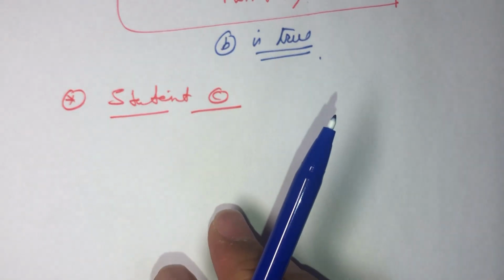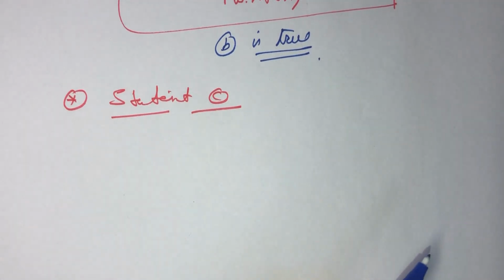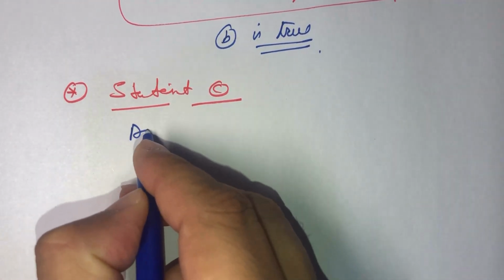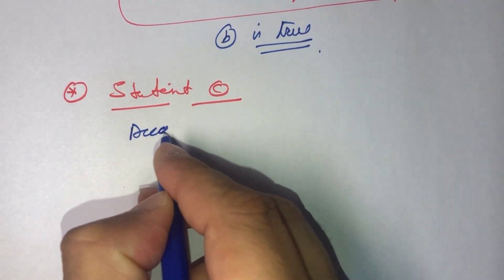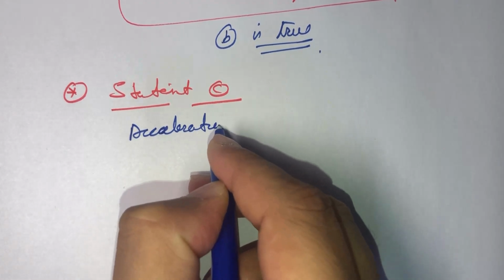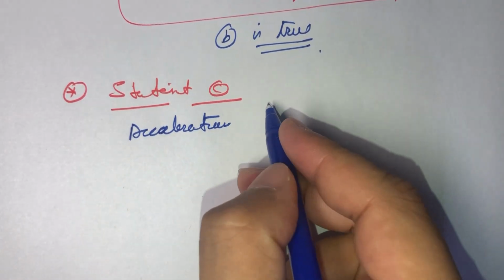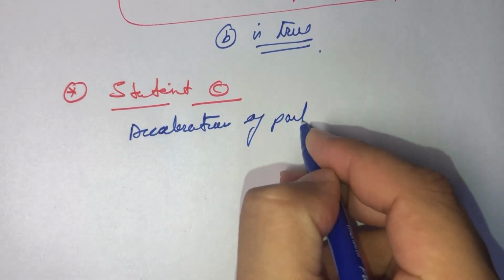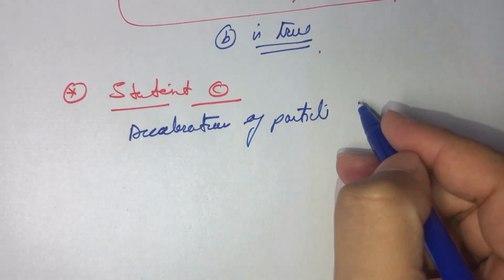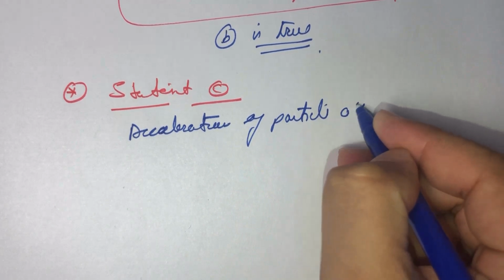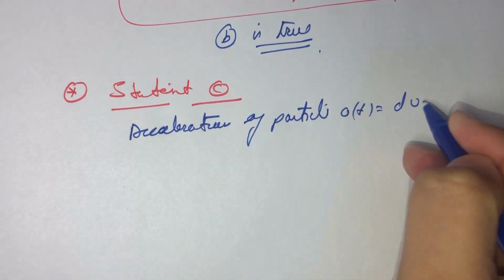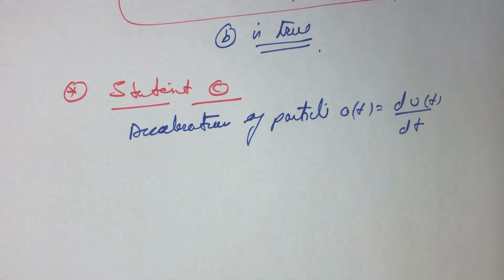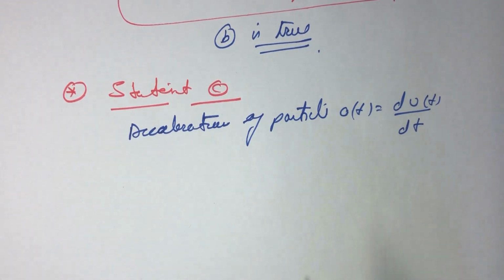So let us first of all find out acceleration, and then we are going to find out the force. So acceleration of the particle, let us suppose is given as a of t, which will be equal to derivative of v of t, or we can also say double derivative of position vector r of t.